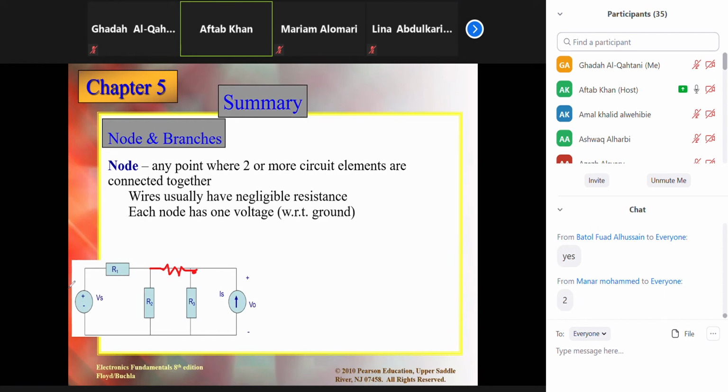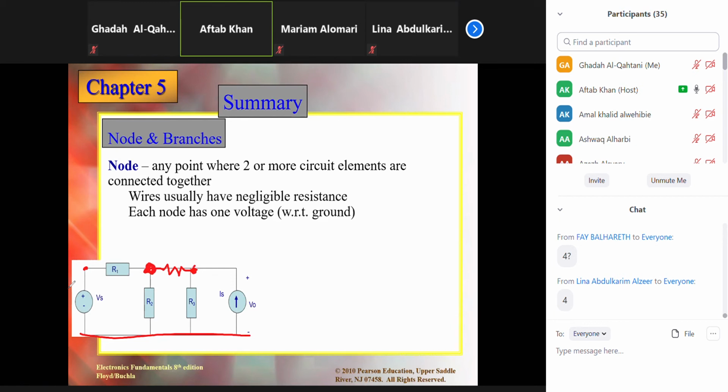Total nodes. I just connect this one here. 4 nodes. Okay. So one node, another one, and this is itself a node.